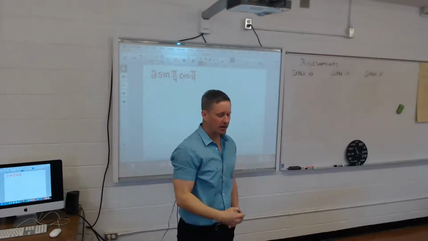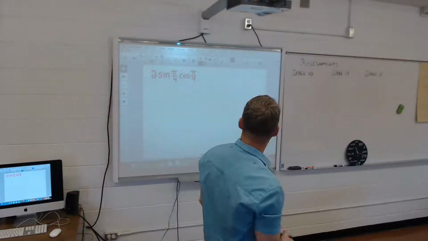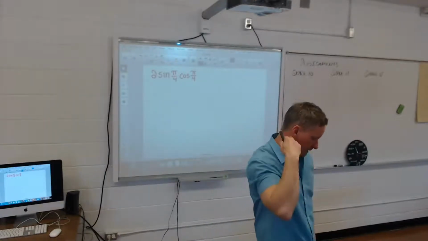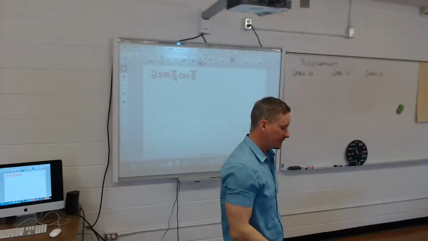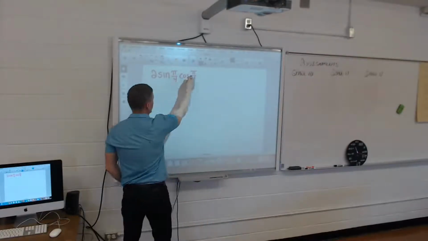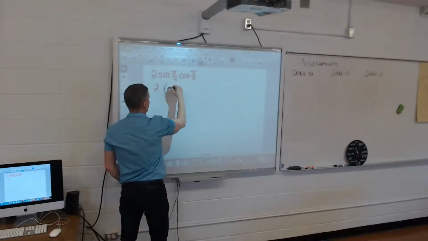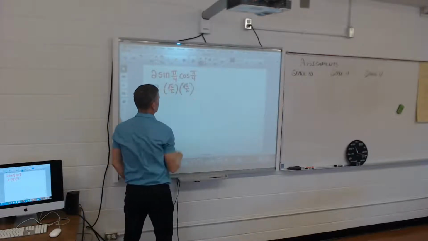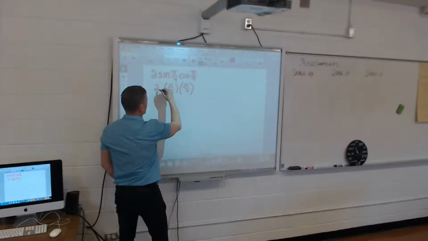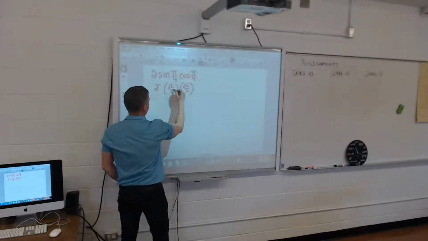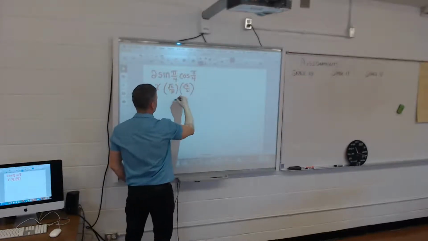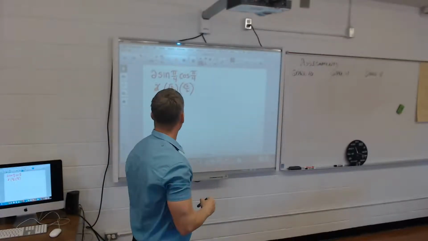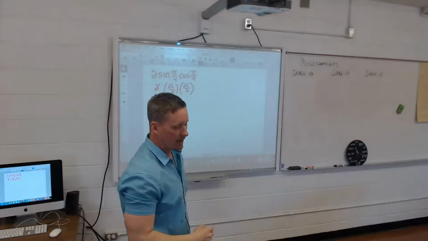Right now, because I know what these are, I could simply change these values and go 2 times root 2 over 2 times root 2 over 2. That cancels, that would give me 2 over 2, which is 1. Okay, that would be the answer.